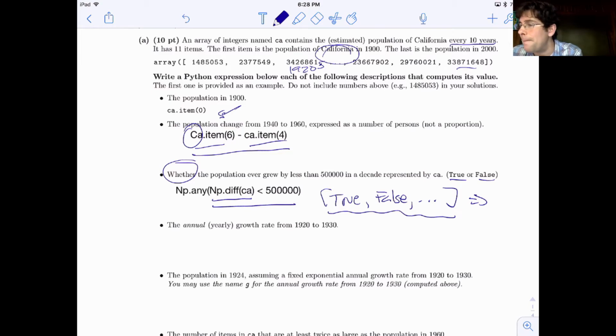And now that we have an array of true or false values, we have the wrong kind of thing. So just leaving it at that won't give us the right answer. To get the right answer, we need to take all those values in the array and get just one value out, and that's why we say np.any, to combine all the trues and falses into one single true or false value.